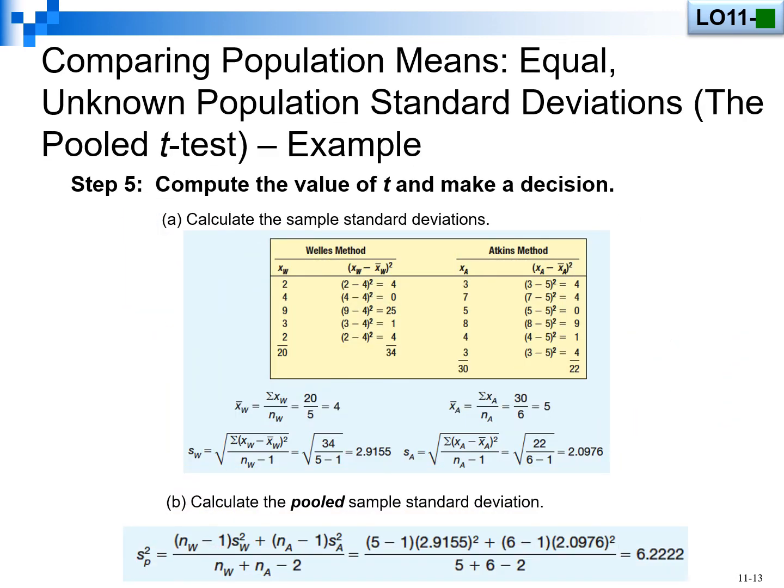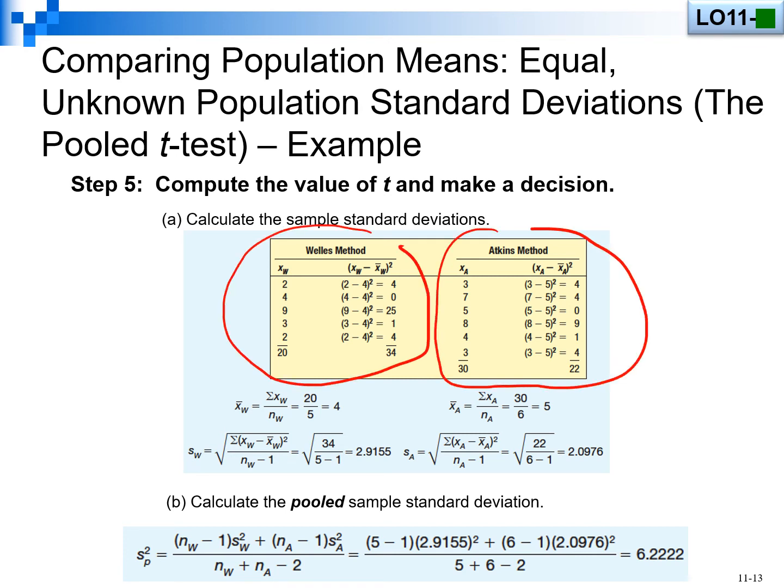And so notice, to do that pooled t-test, you've got to do all the calculations on this one. So they're showing you step by step basically how to get the variance and the sample standard deviation for the Wells method. Here's your sample standard deviation for that. Here's your sample standard deviation for the Atkins method. So once you get those numbers, you're basically going to plug these in right down here into that equation.